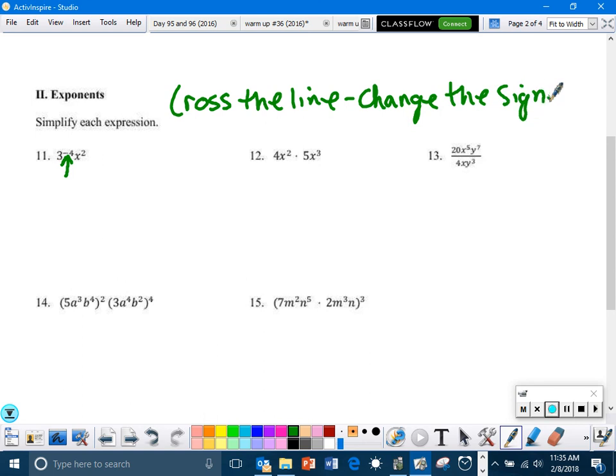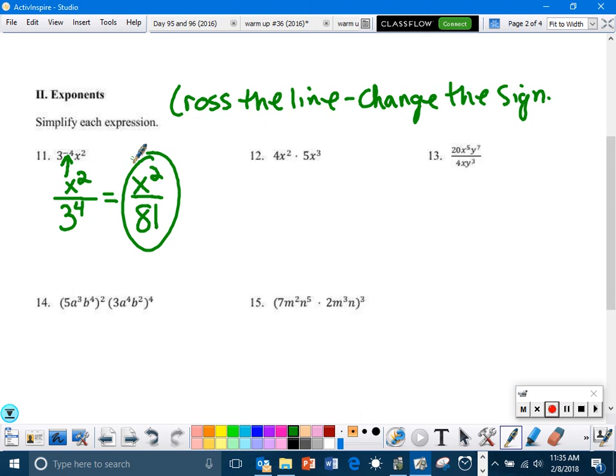So what's going to happen here is the 3 to the negative 4 power is going to drop down to the denominator. And the x squared, that 2 is positive, so that's going to remain in the numerator. Okay, but I'm not quite done yet because I want to simplify what is 3 to the 4th power. So it's x squared over, now 3 to the 4th power is 81.